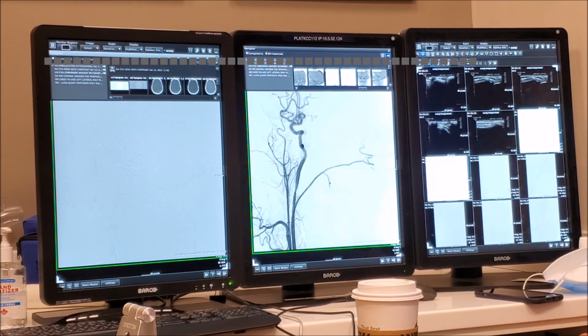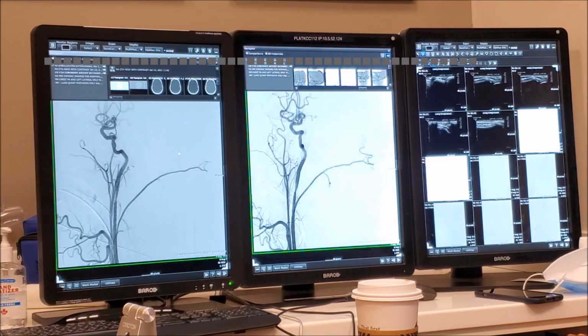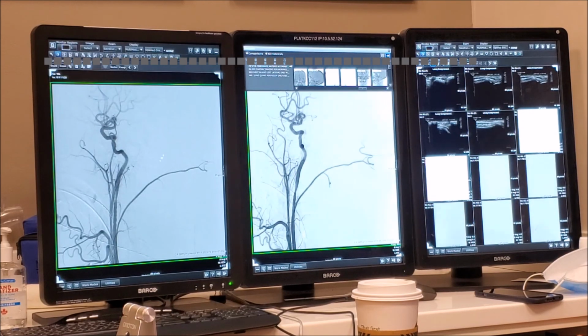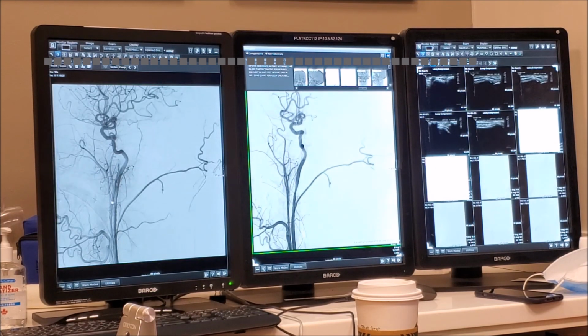Definitely, this is a foramen here. This case is very interesting. Okay, so this is posterior auricular. So this is an ascending pharyngeal.